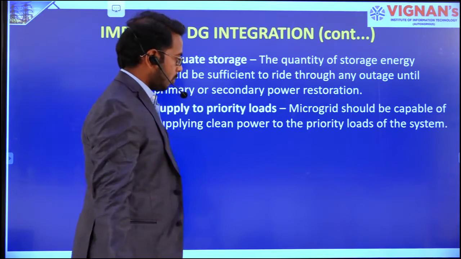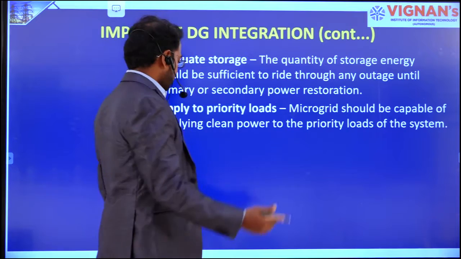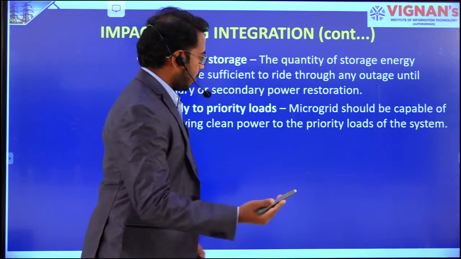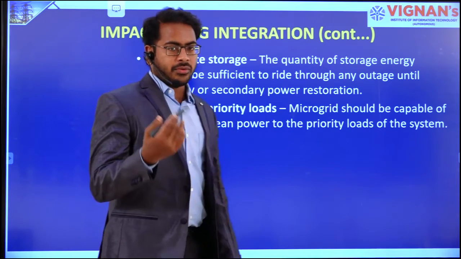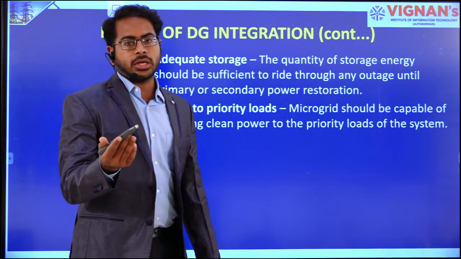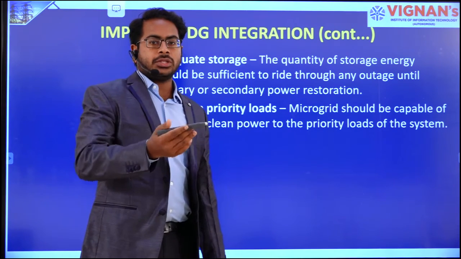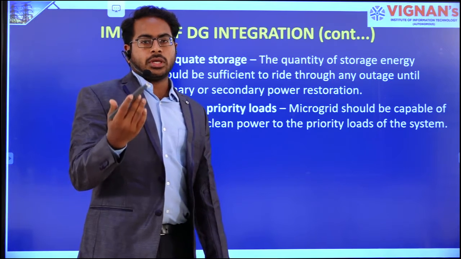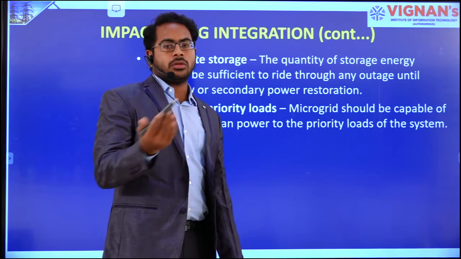Supply to the priority loads. This is a very important point. In a grid failure condition, especially in any fault conditions and any severe conditions, the grid is disconnected from the local loads.